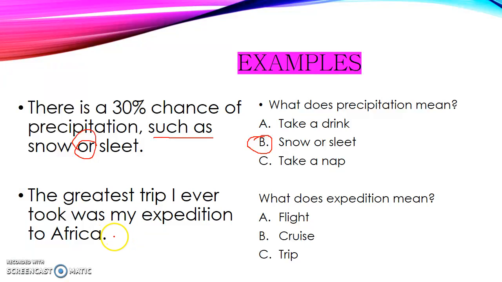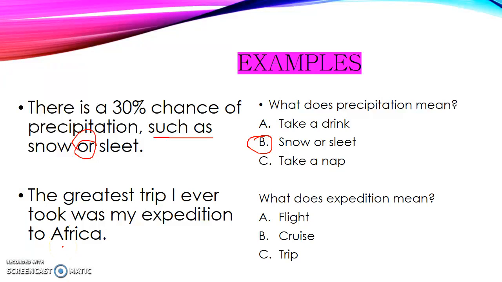The greatest trip I've ever took was my expedition to Africa. What does expedition mean? Okay, so I go back and does it mean flight, cruise, or trip? So I'm going to go in my sentence and the sentence says the greatest trip I ever took was my expedition to Africa.